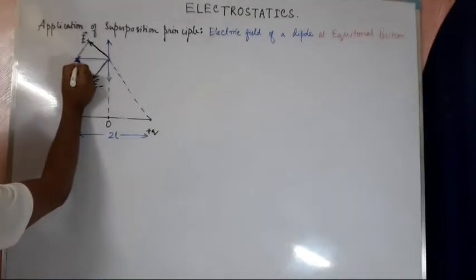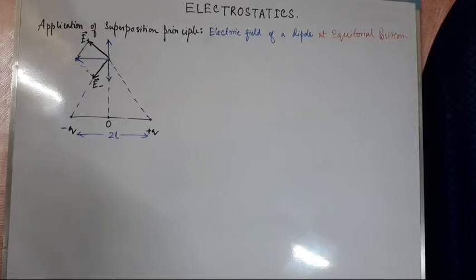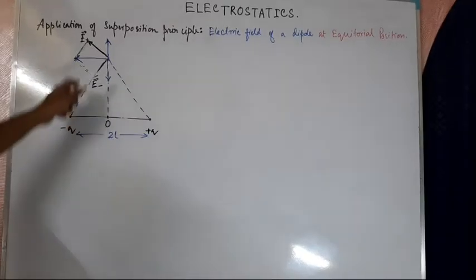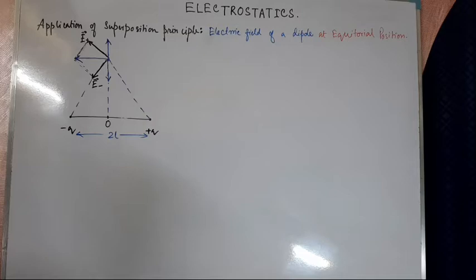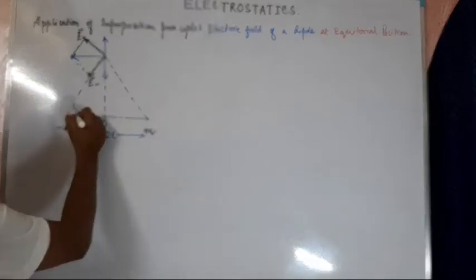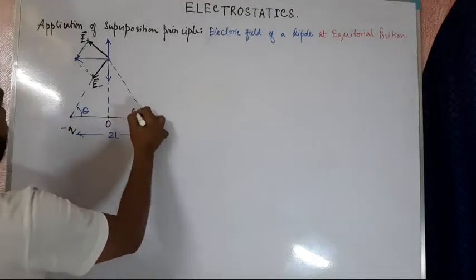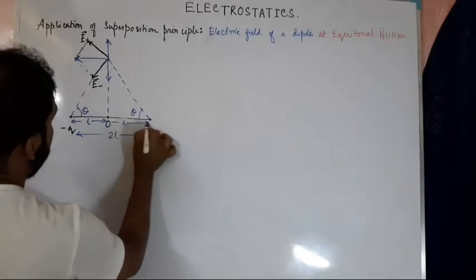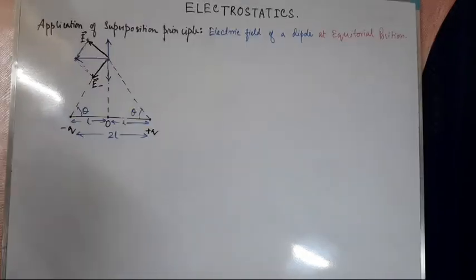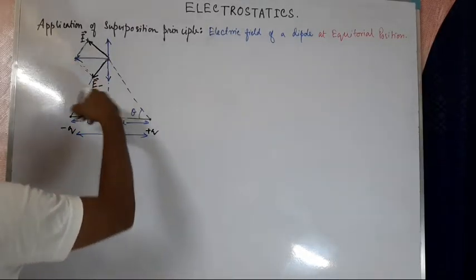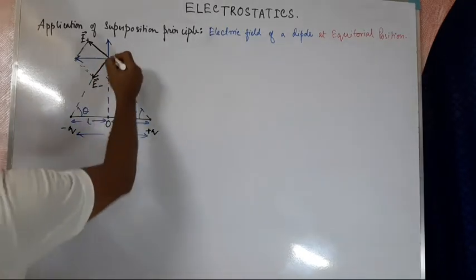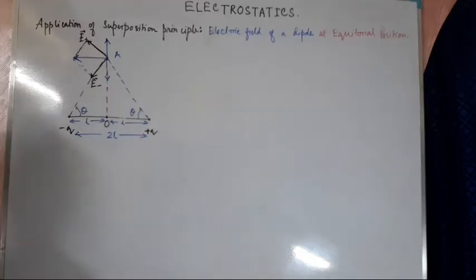So we can see the components of E positive and the components of E negative are opposite to each other. We have to find whether they are equal or not. Let these two angles be theta. This length is L and this length is also L. It's an isosceles triangle because the point A is placed on the equatorial position.